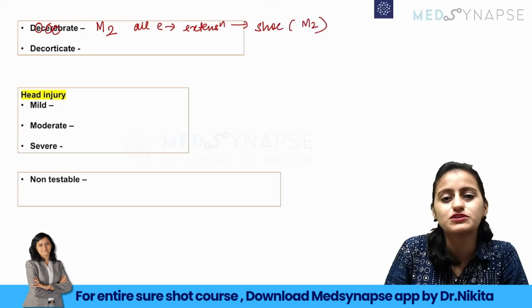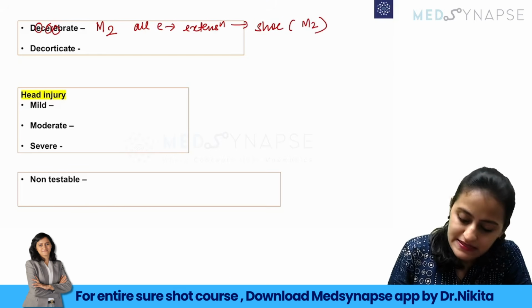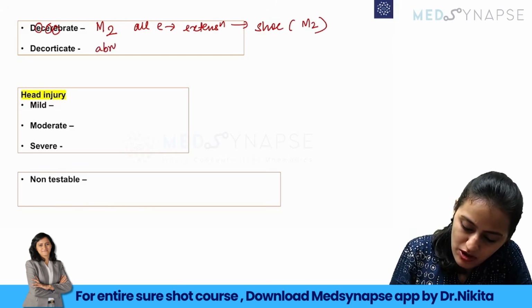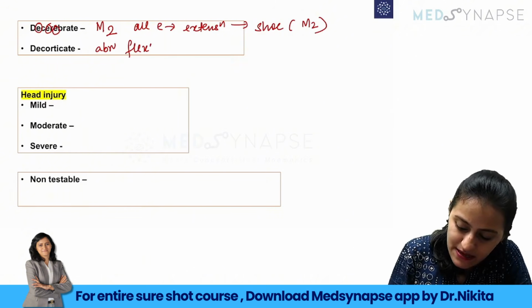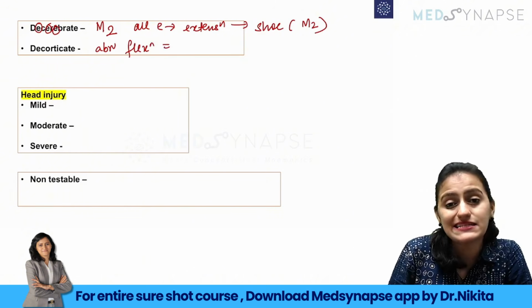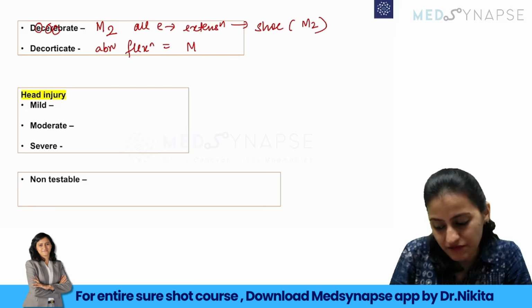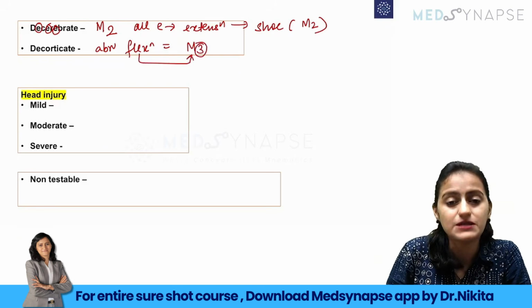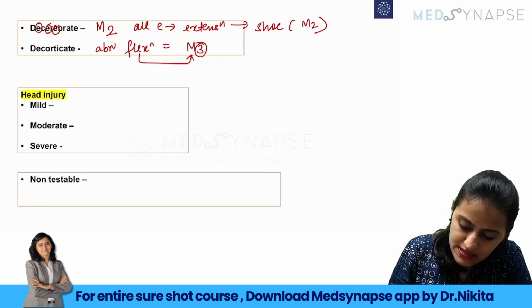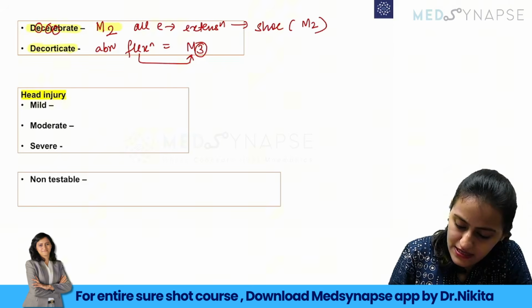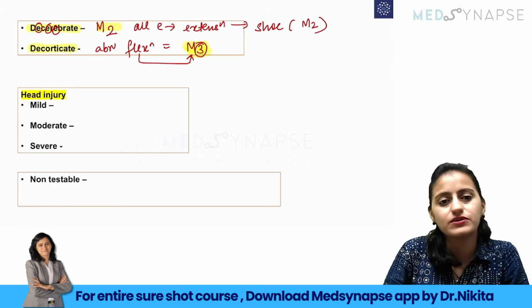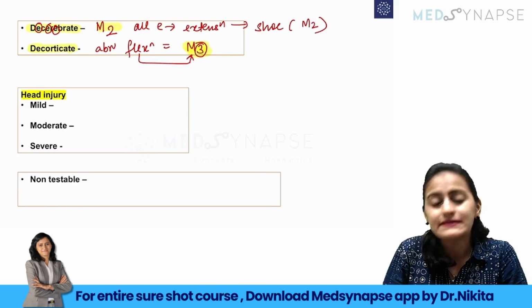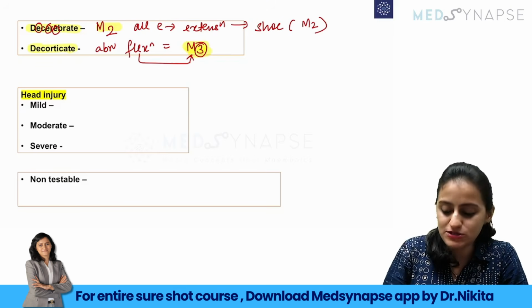Shoe is rhyming with 2, so it is M2. Decorticate is abnormal flexion, sitting under the tree in abnormal flexion, so it is M3. So decerebrate is M2 and decorticate is M3.